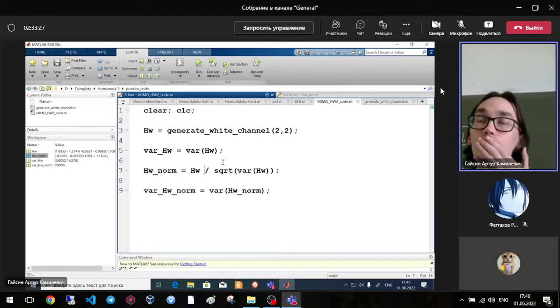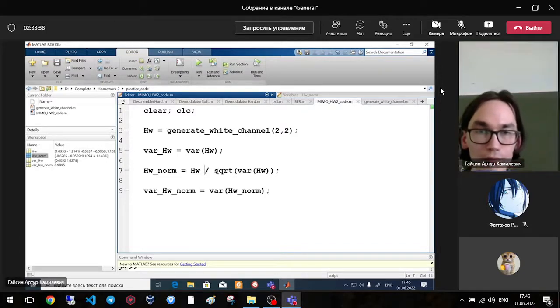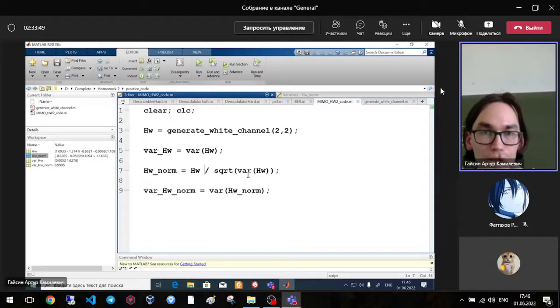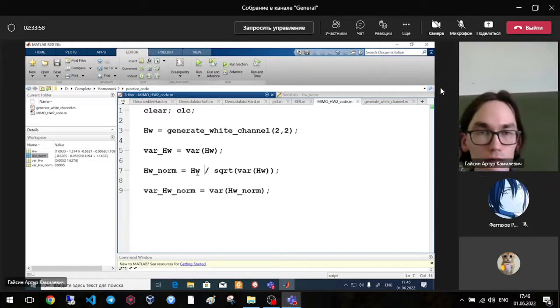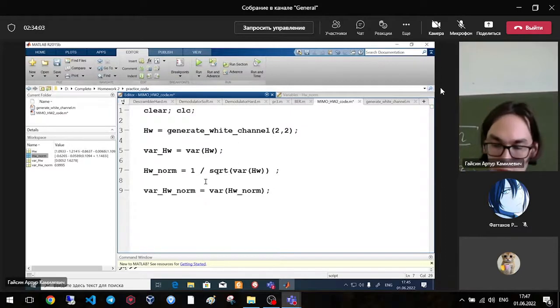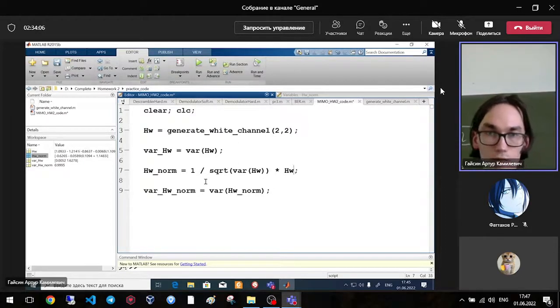Multiply by 1 over the square root of the variance, maybe like through the for loop. No, it's 1 over square root of variance multiplied by this one and times this one, then the bracket for the first.